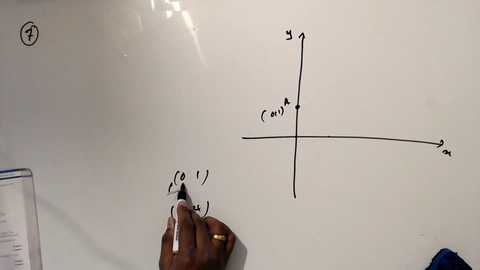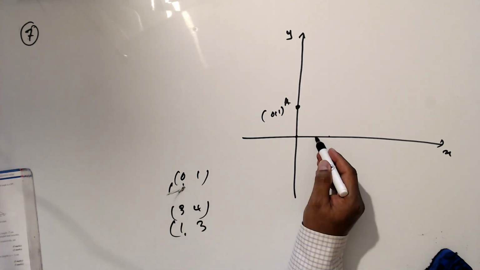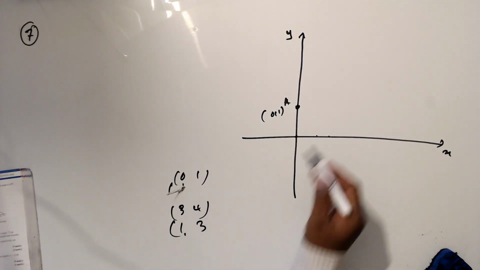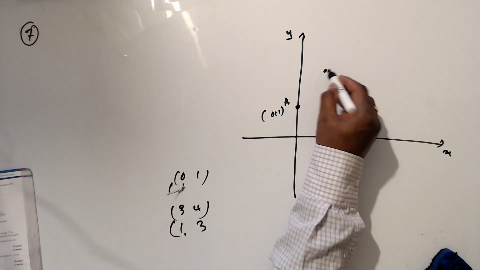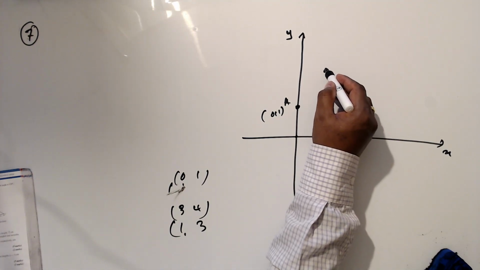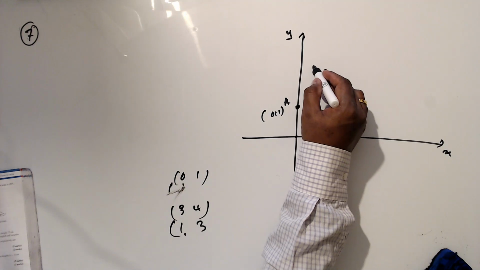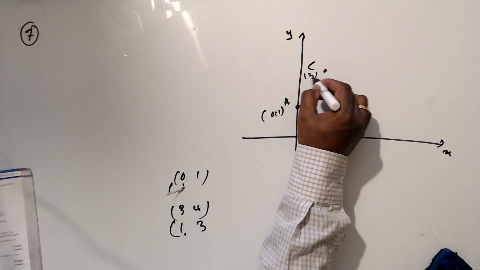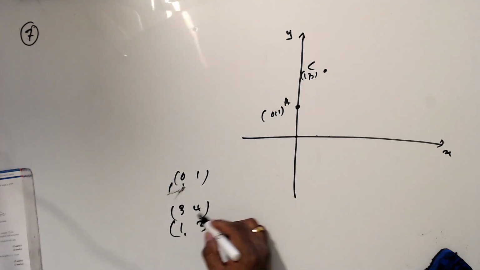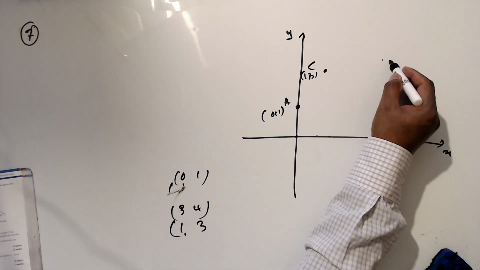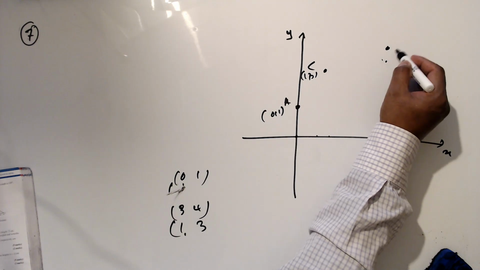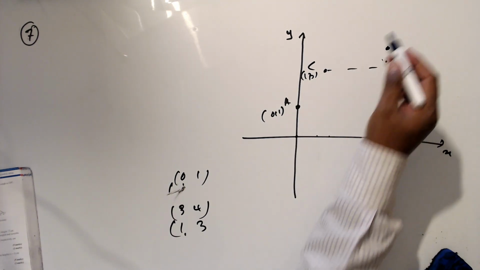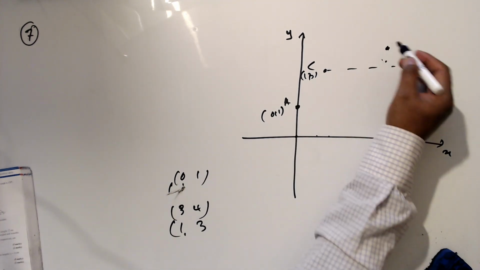So this is first, this is second, 1 3 somewhere here. That is C. And the 3 4 third one above the 3 4.